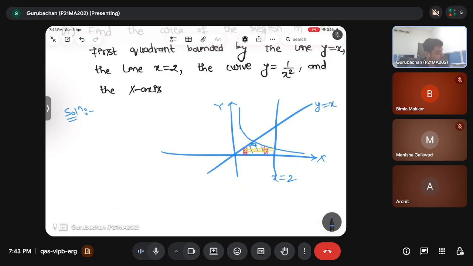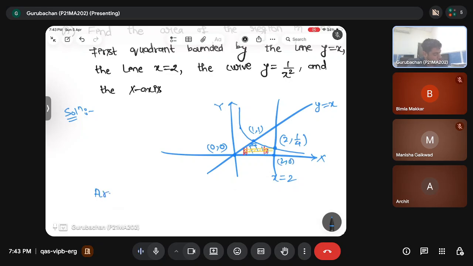So first of all, what are the intersection points? 0 comma 0, 1 comma 1, and this one is 2 comma 1 by 4, and this one is 2 comma 0.